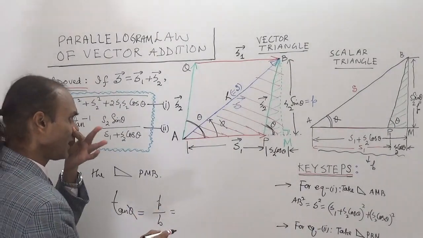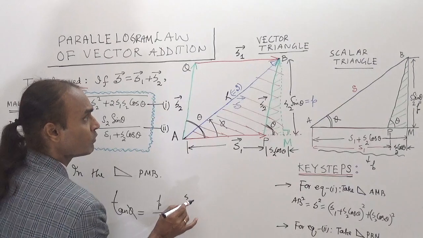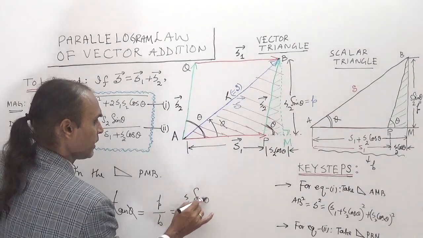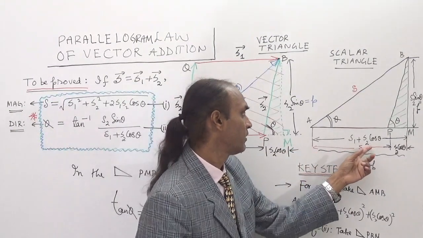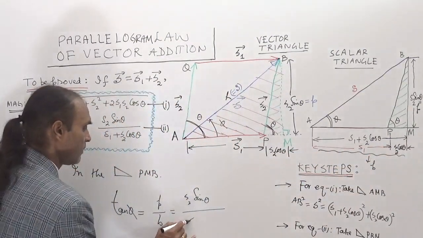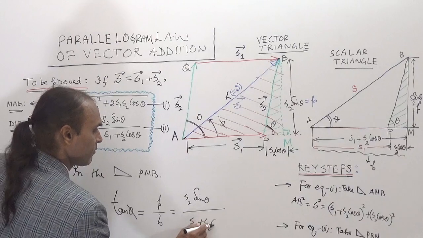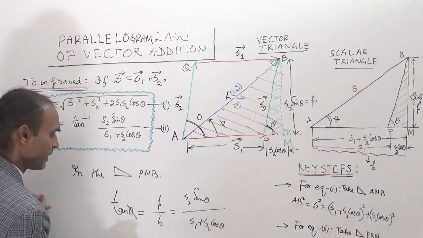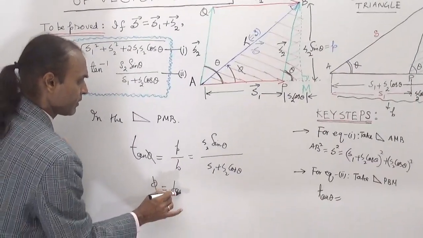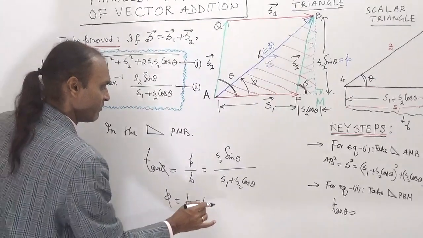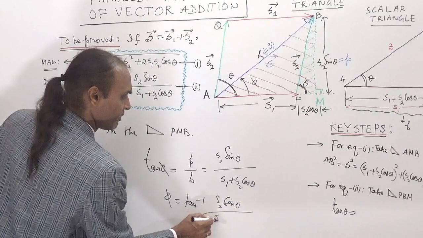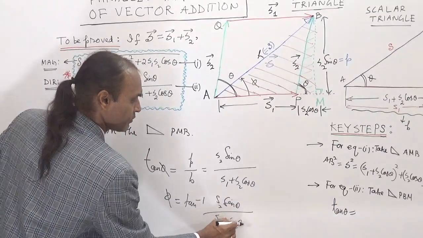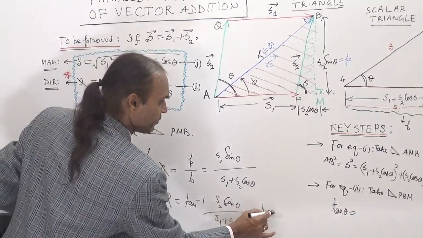For the perpendicular, this is S2 sin theta. For the base, S1 plus S2 cos theta. Next step you are getting phi is equal to tan inverse of S2 sin theta upon S1 plus S2 cos theta. Hence proved.